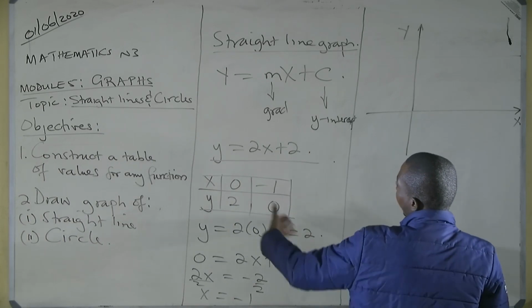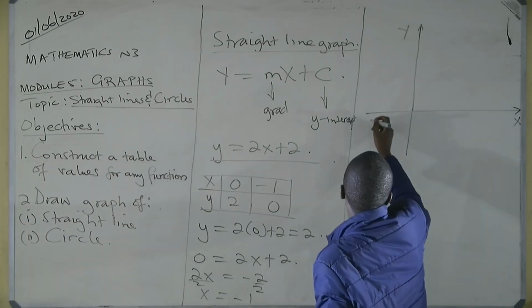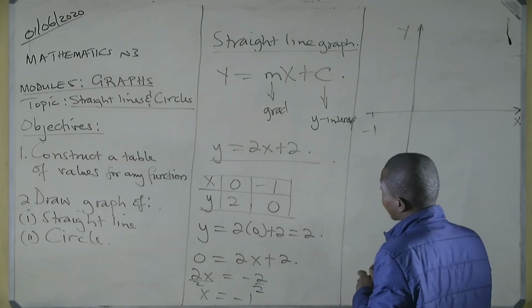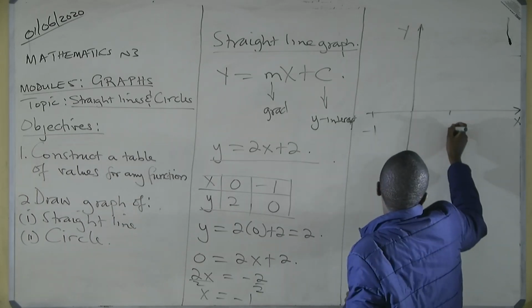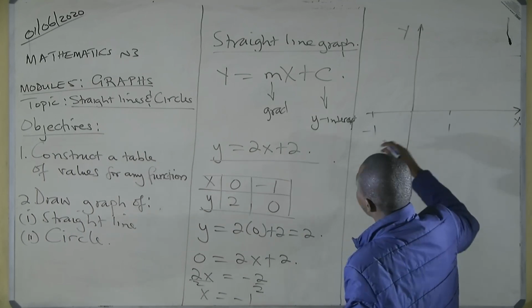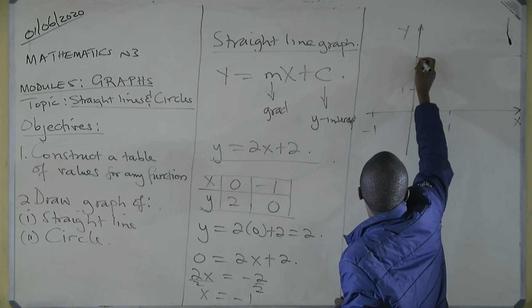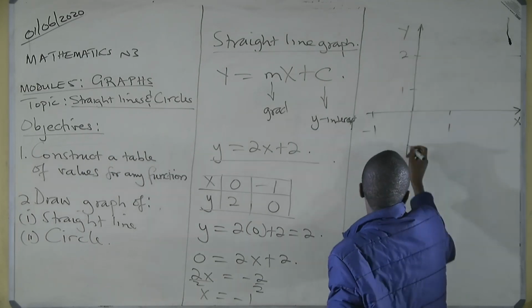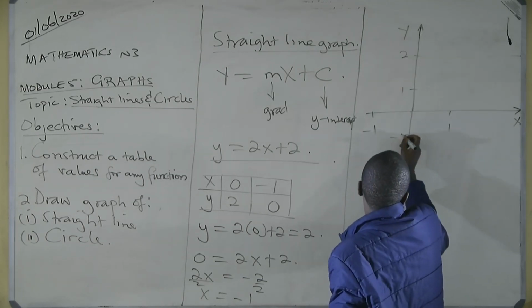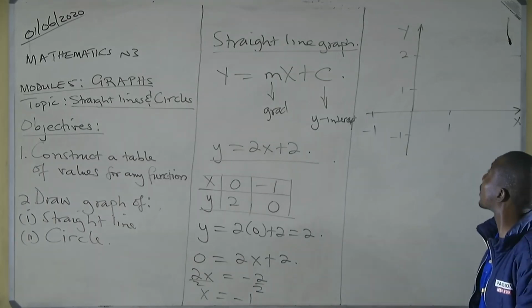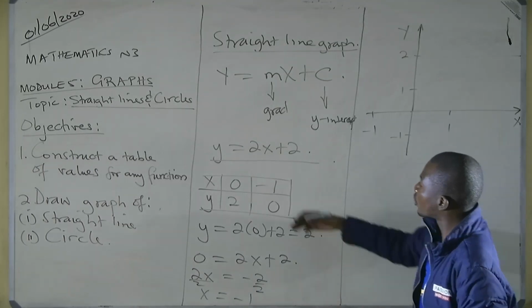The values of x are from minus 1 up to 0, so we have minus 1, then 0 at the intersection. Then the values of y go from 0 up to 2, so you can have 1, then a 2 there. If you want to put the negative y values, you can, but it's not necessary.